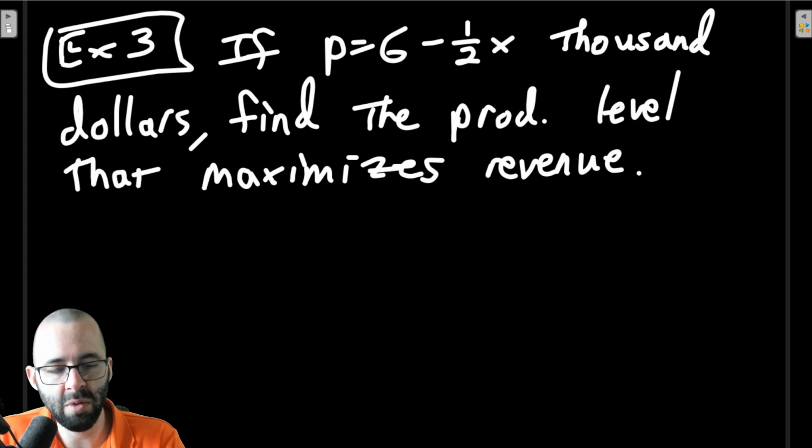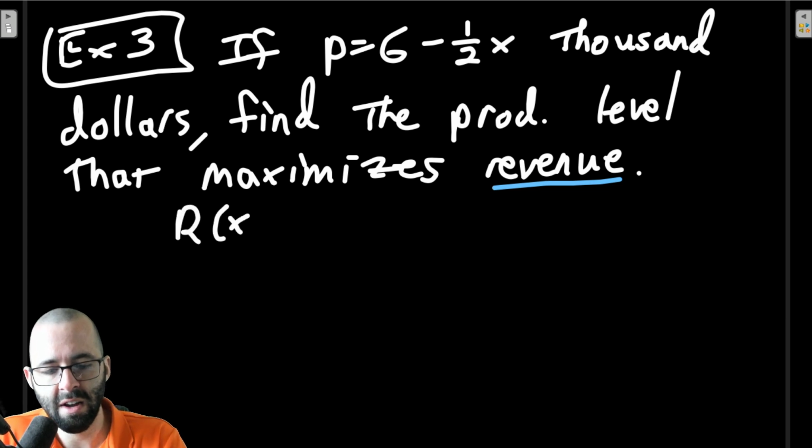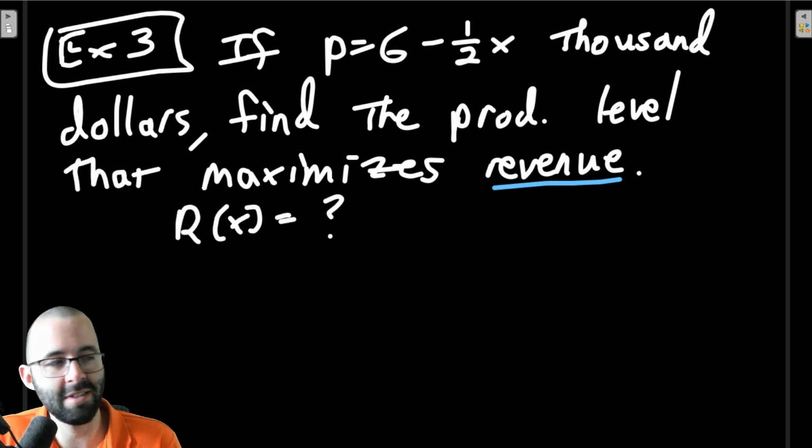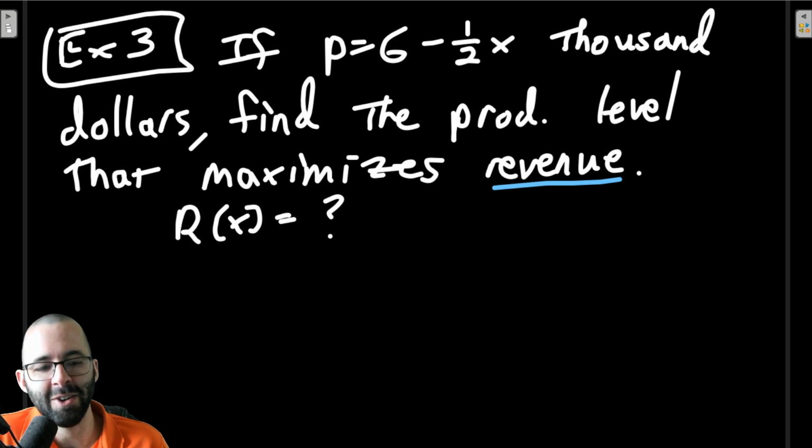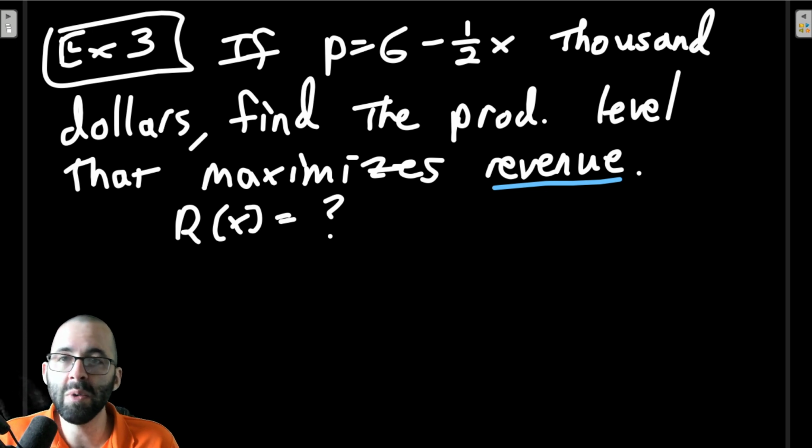We can go on and on looking at different prices and productions. We want to maximize revenue. What is our revenue function? R of X equals something. We don't know, but we sort of do know.